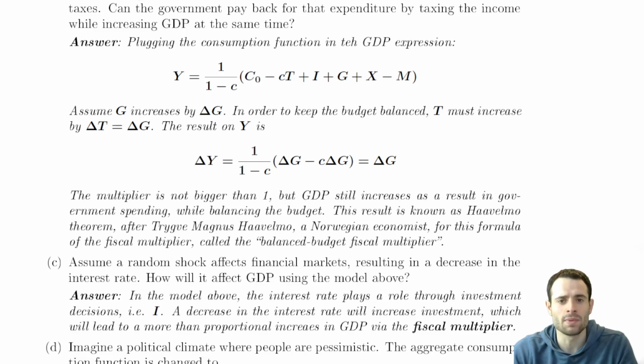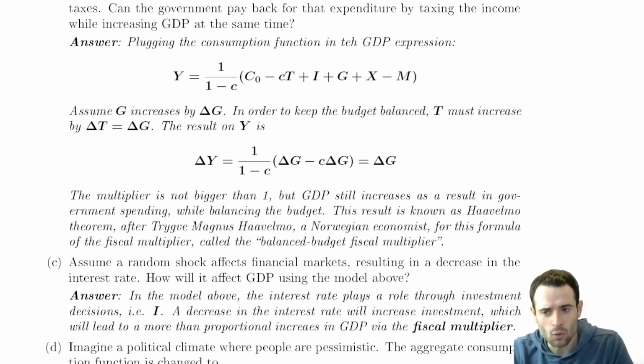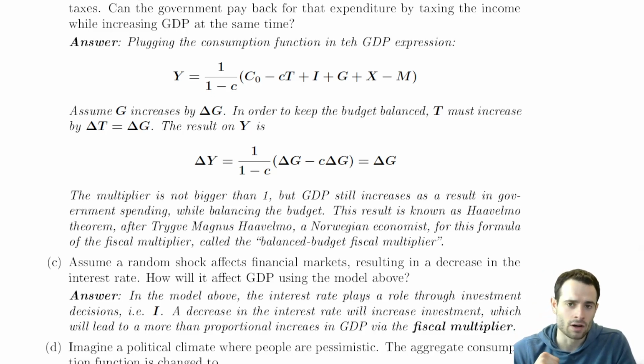But this proportion will be more than 1. It will be more than 1 to 1. And it is always interesting to think about these little shocks that could affect other markets and see how they can affect the main aggregate variables.